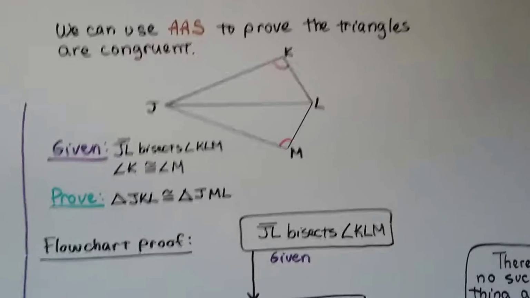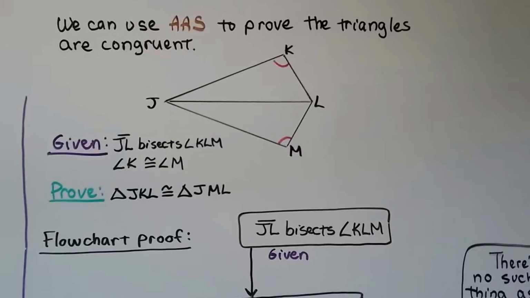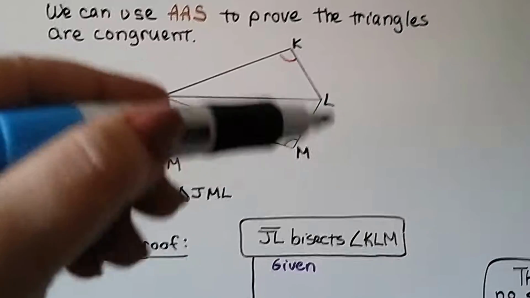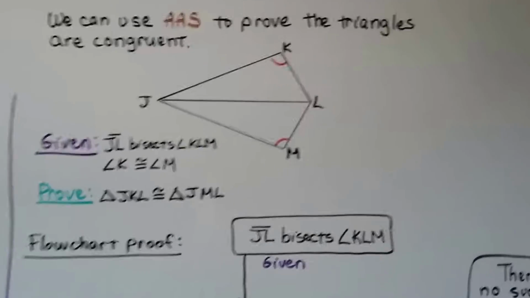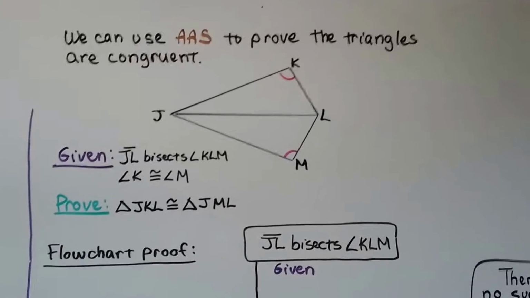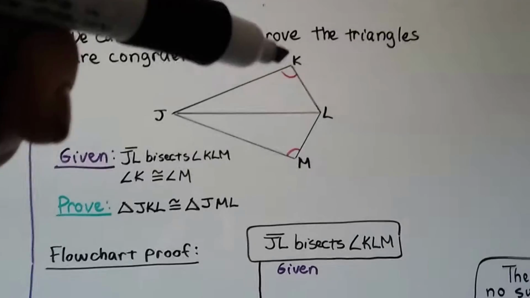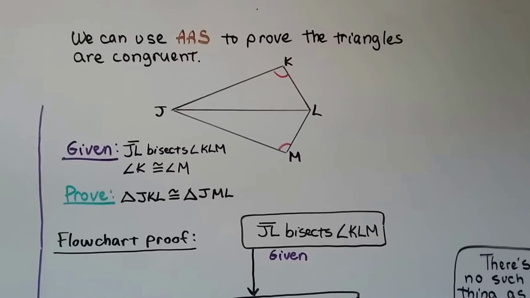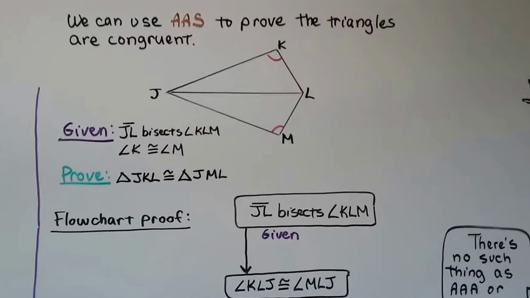So take a look at this diagram. We've got segment JL bisects angle KLM. So this segment is bisecting this angle. And we've got that angle K is congruent to angle M. So this top angle is congruent to this one. We need to prove that triangle JKL is congruent to triangle JML.